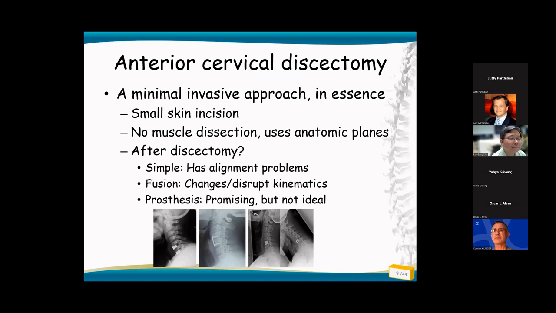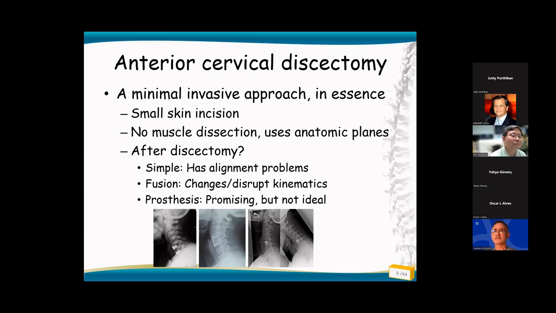That's why we apply cages or graft and plates. This causes fusion and may disrupt cervical kinematics, because you void one disc level, and there may be some problems after that.